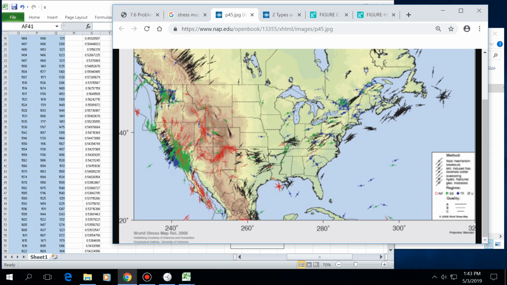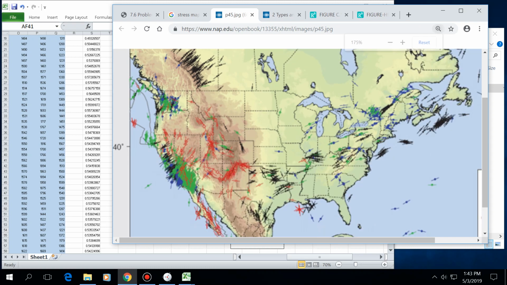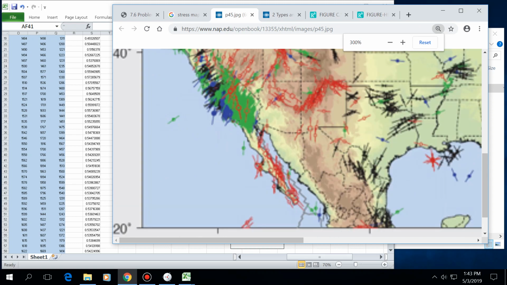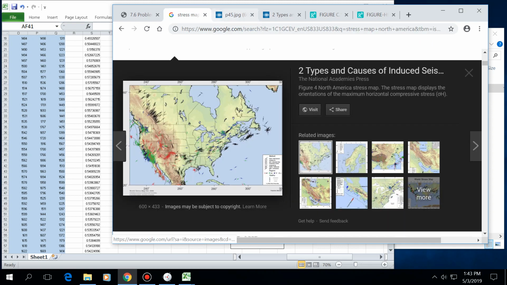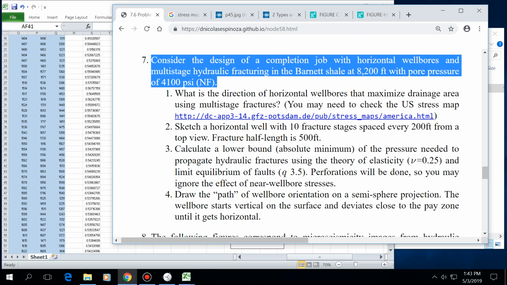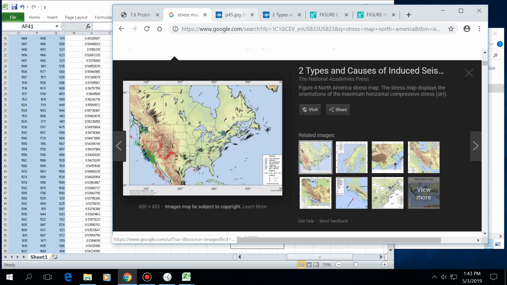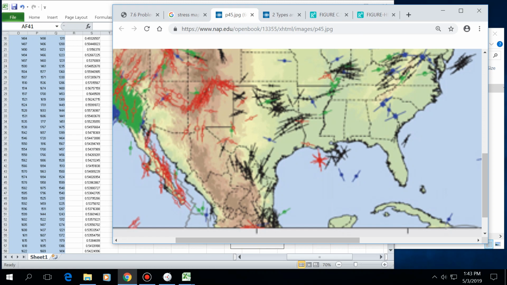resolution. And this problem asks for designing a completion design on the Barnett shale. So Barnett shale, somewhere over here, okay? You need to take stresses from this location and then do what is said over here. So you know the direction of maximum horizontal stress. Remember, that's maximum horizontal stress.